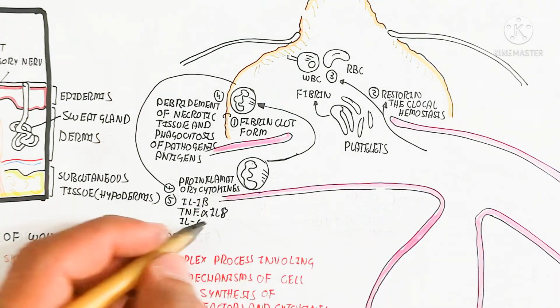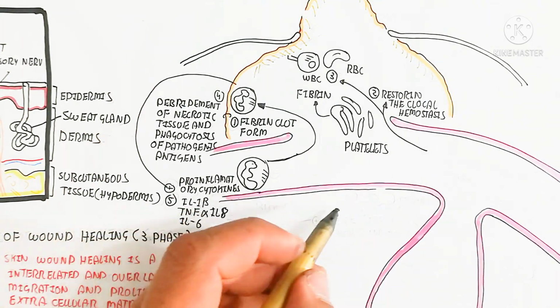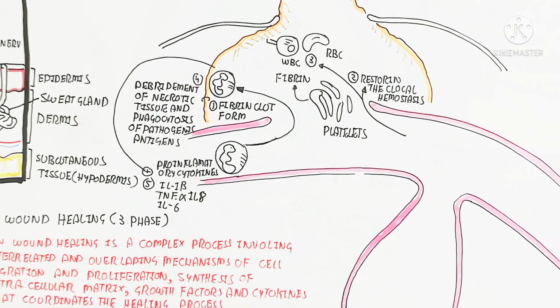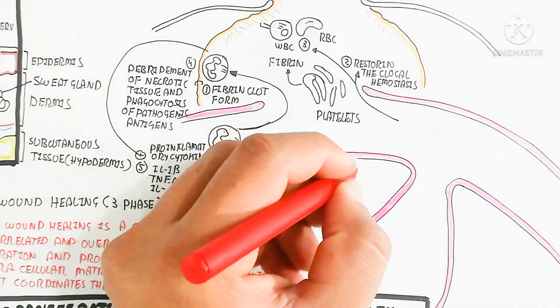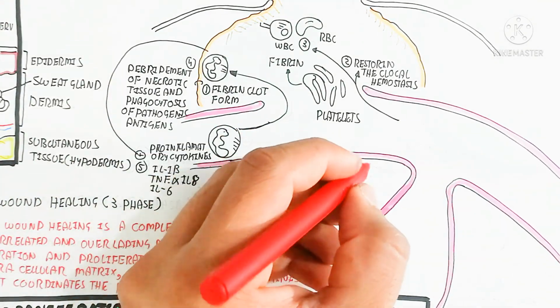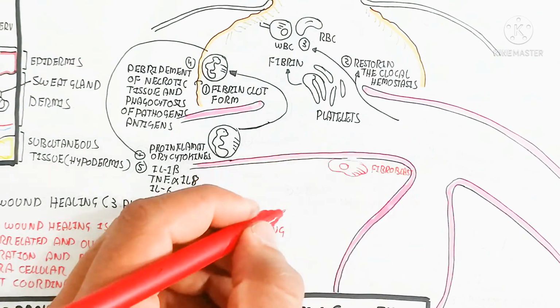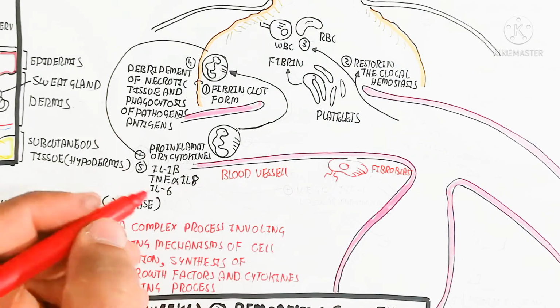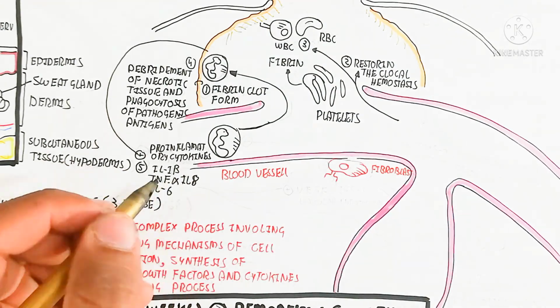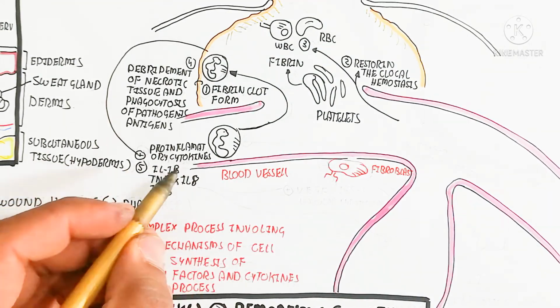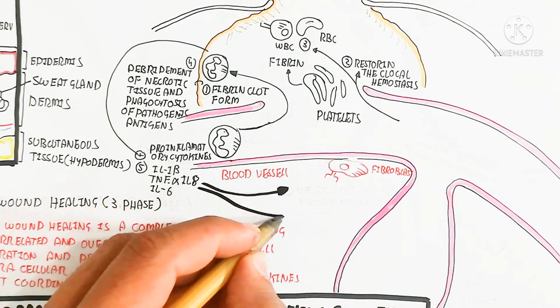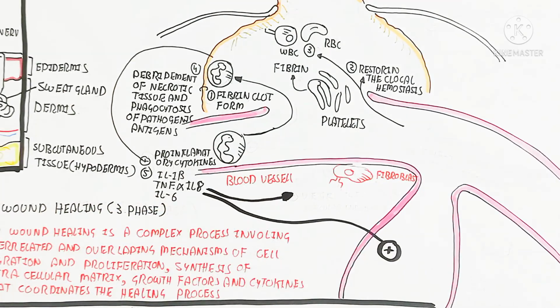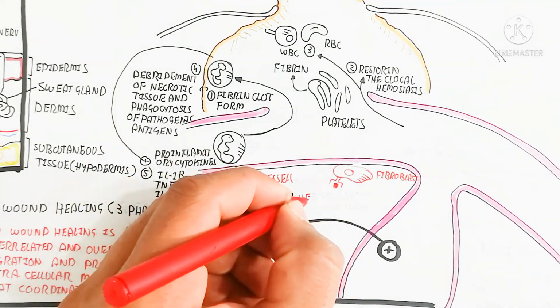And after eating the debris, the neutrophil produces pro-inflammatory cytokines: interleukin 1 beta, tumor necrosis factor alpha, interleukin 8, and interleukin 6. All these are used for the recruitment of other cells, other macrophages.